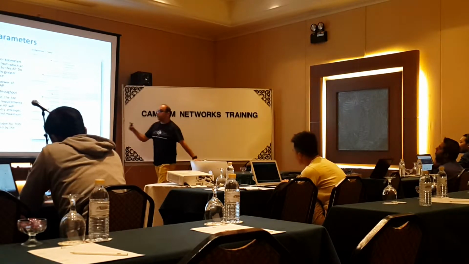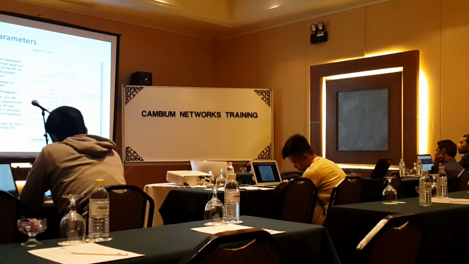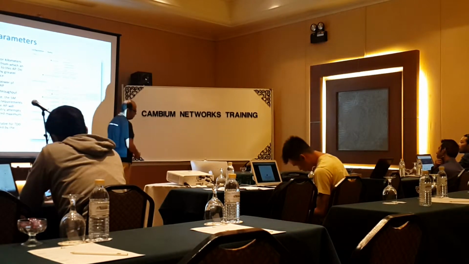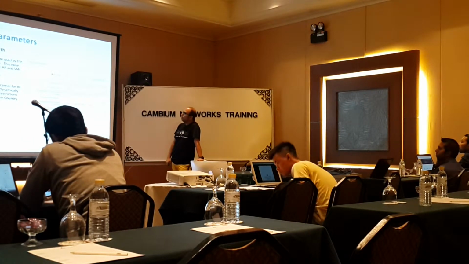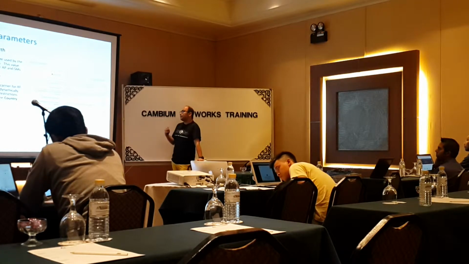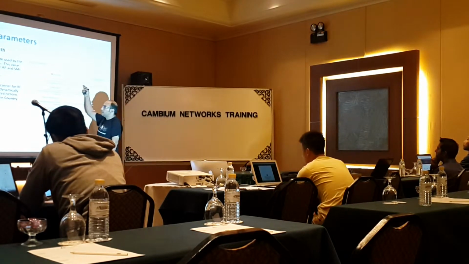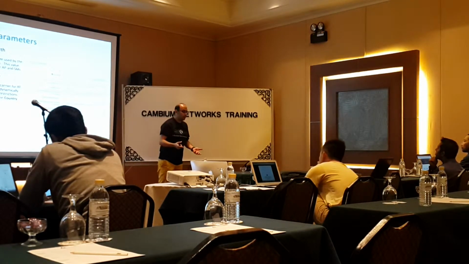Max range is also important. I told you about the max range. You can make the cell smaller to have a better budget per client, better signal or throughput per client. On the access point side, you need to select the frequency and channel size. On the station side, you don't select, you enable.